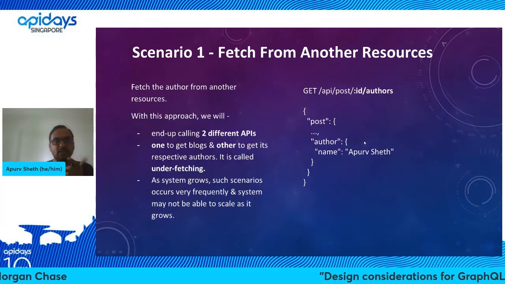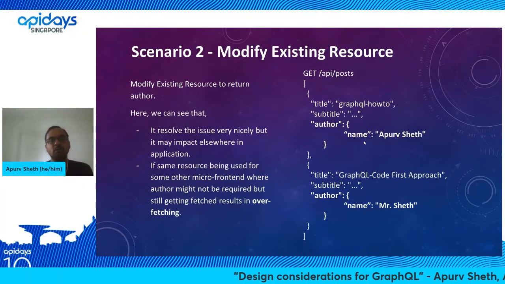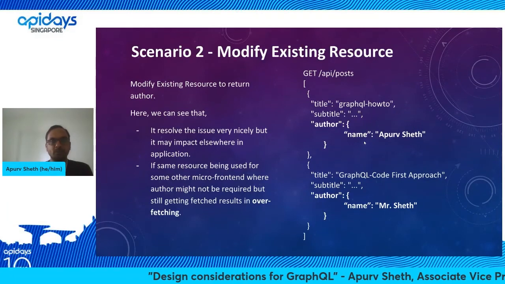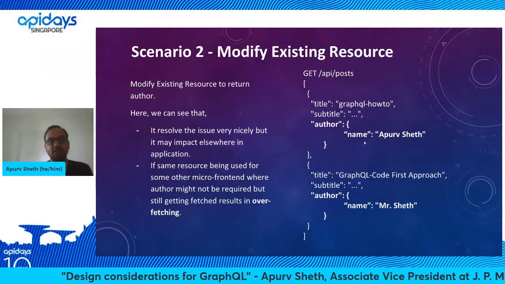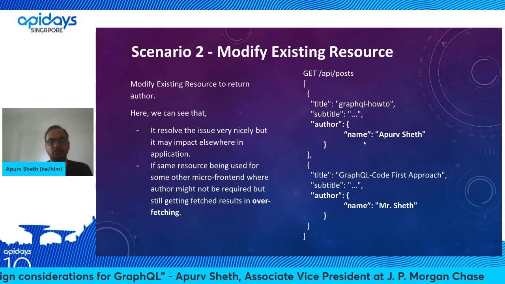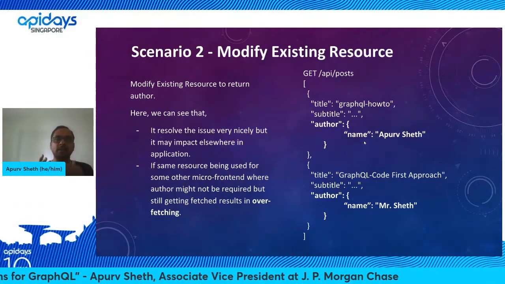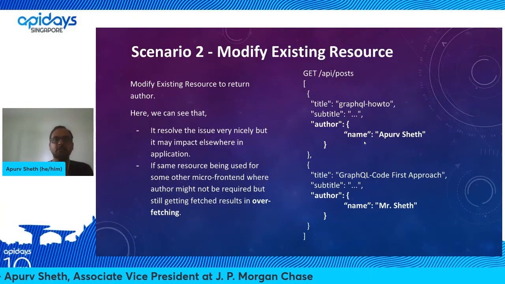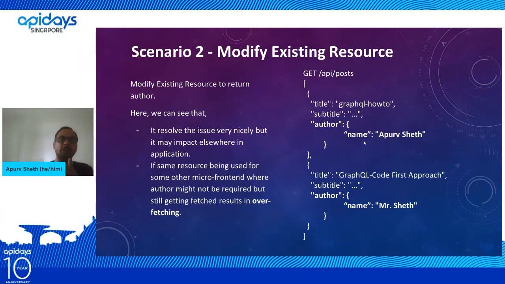Now let's consider the second scenario. The other scenario is that we can modify the existing resource. As I initially showed you, we have one scenario where we have the API, and you can see we have the API right here. This endpoint is the very same.